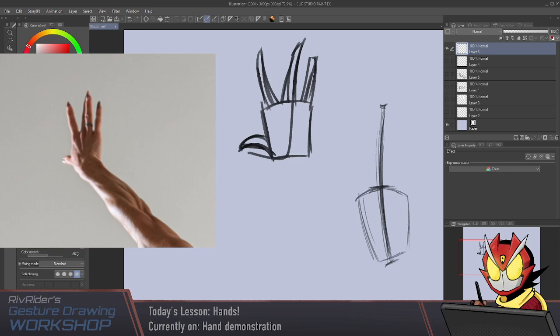We look for how this arm is connected into the wrist, which we can represent as a box, if we so desire.